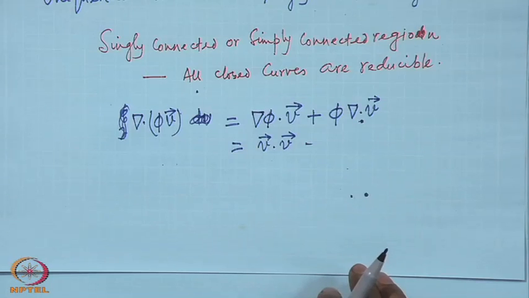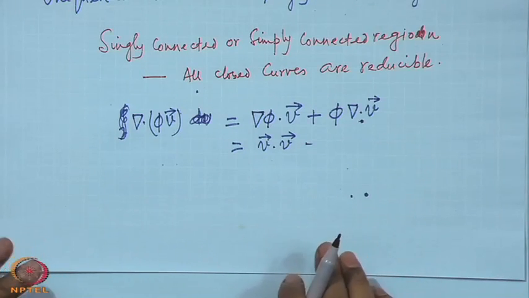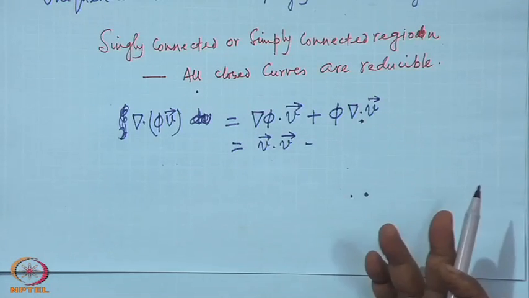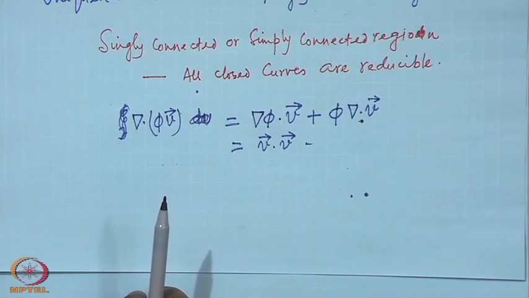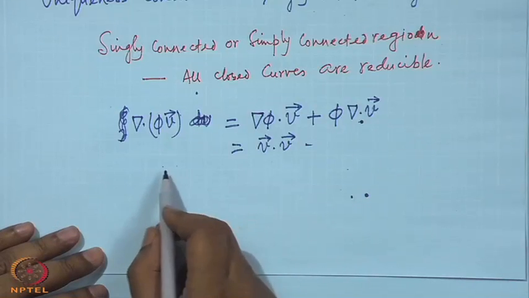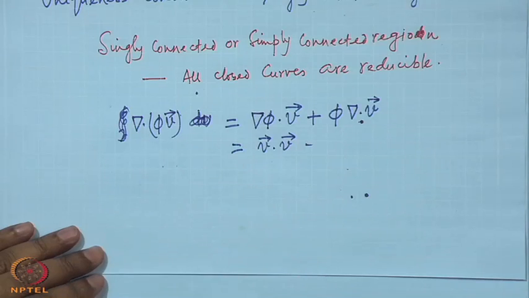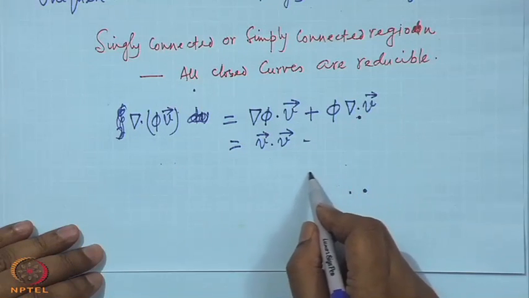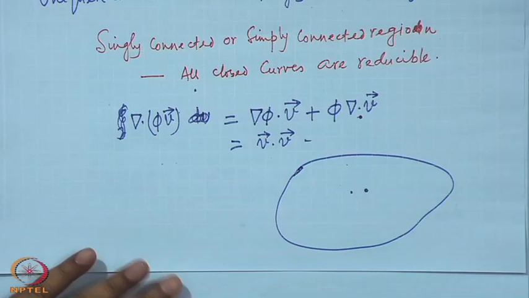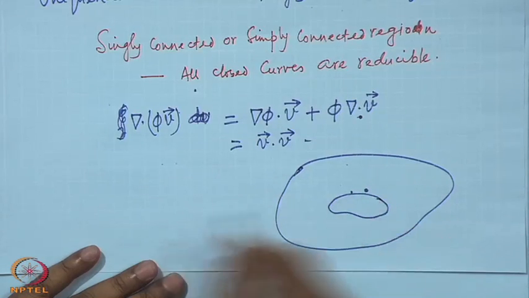Now, we will apply the divergence theorem to this problem, that is, we will try to integrate it over the volume and then express that integration as a surface integral. For that, let us consider this domain, that we have a boundary, and possibly also some internal boundary.